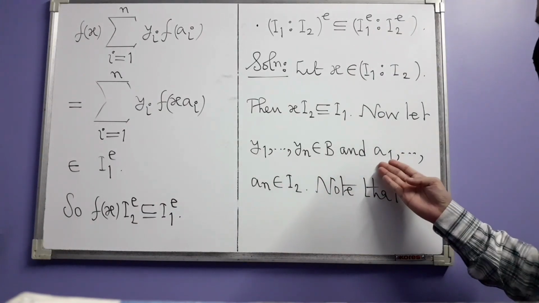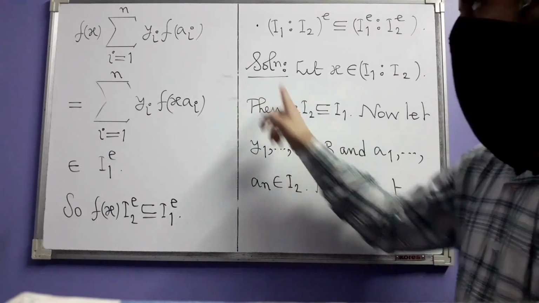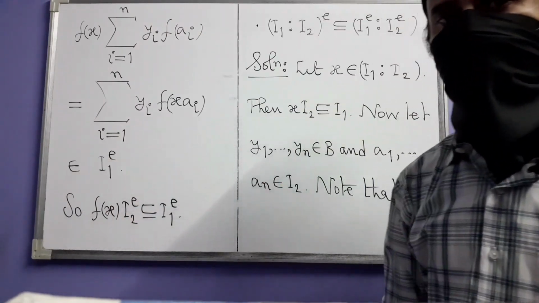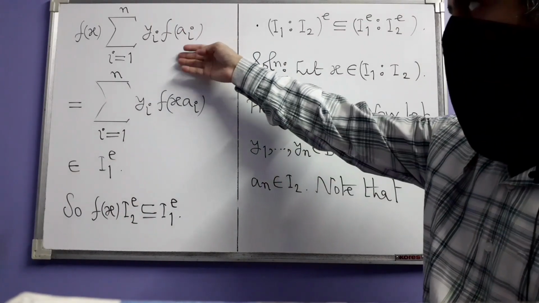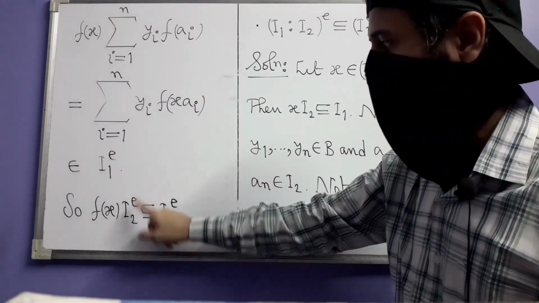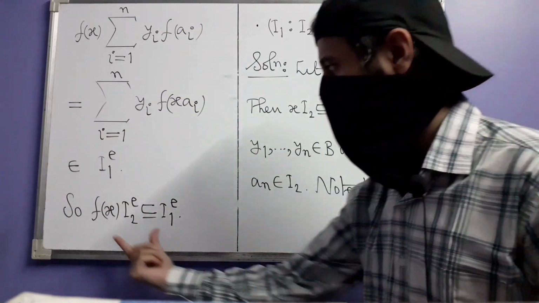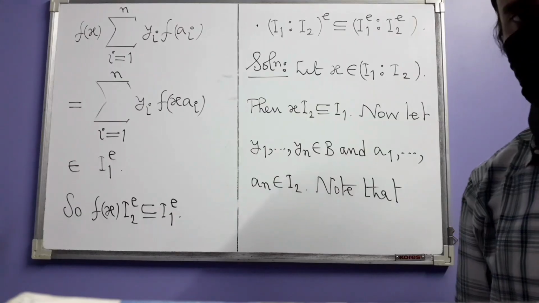Because all these ai are elements in I2, and this is how a general element in I2 extension looks. That is why what you are looking at here is f of x times any element in I2 extension. That is inside I1 extension. So f of x times I2 extension is contained in I1 extension.